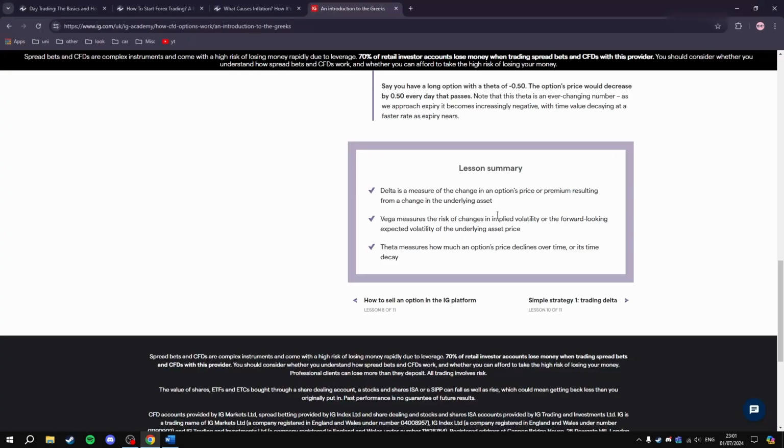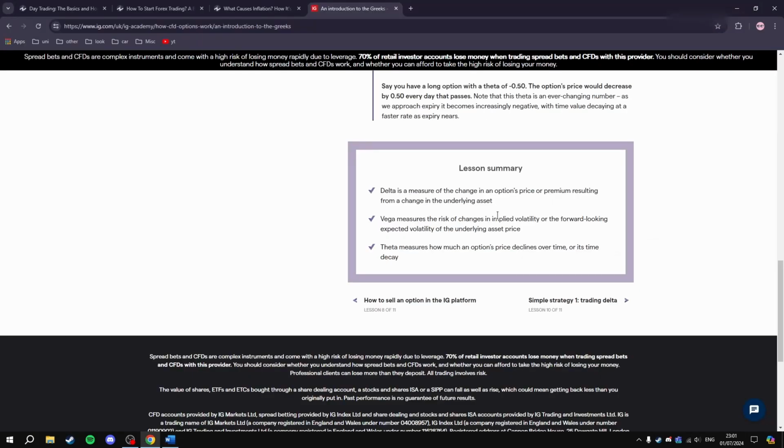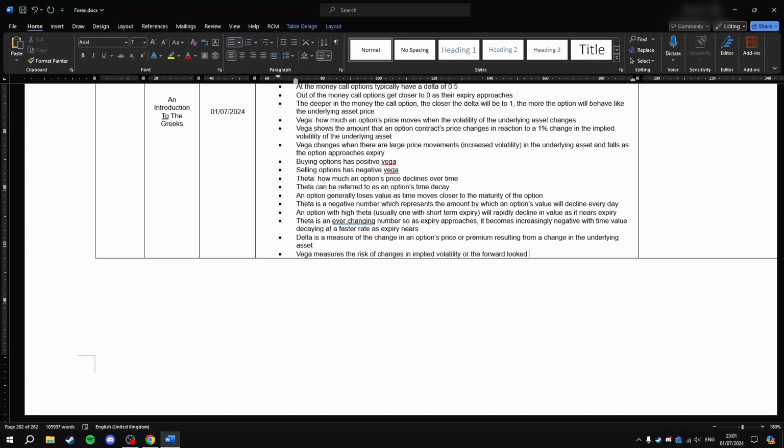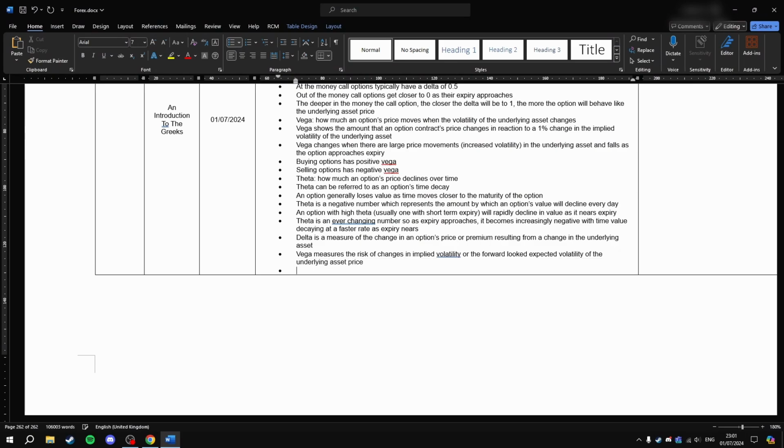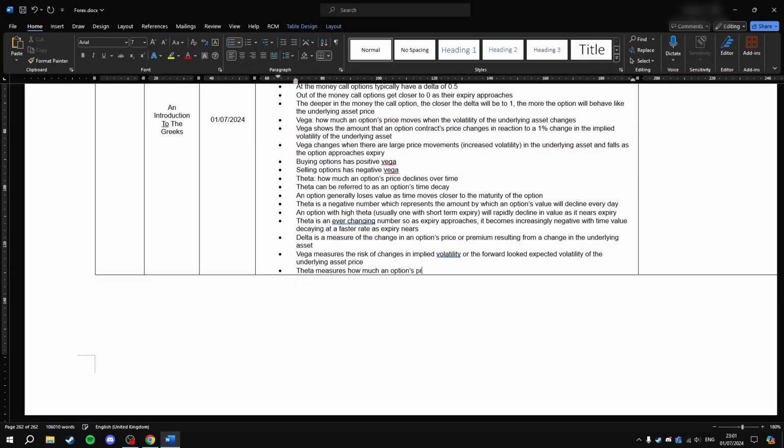Vega measures the risk of changes in implied volatility, or the forward-looking expected volatility of the underlying asset price. Theta measures how much an option's price declines over time, its time decay.